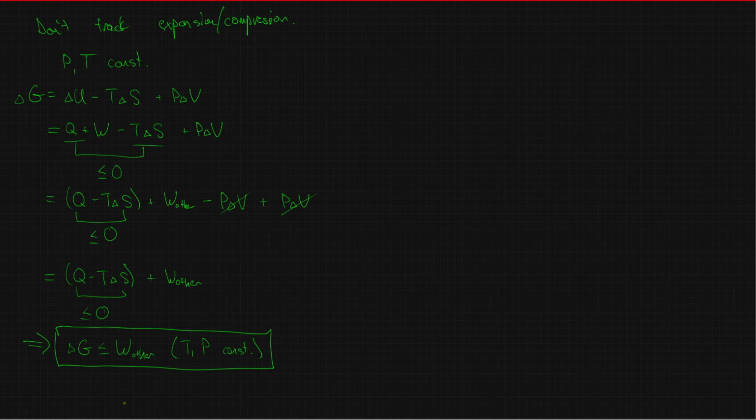Okay, so this displays to us why this definition of the Gibbs free energy is useful, because now when we talk about the change in Gibbs free energy for chemical reactions and whatnot, the only thing we need to worry about is the actual work that we are putting in, the work that's being done other than all of the work that the environment is providing or the heat that's providing.